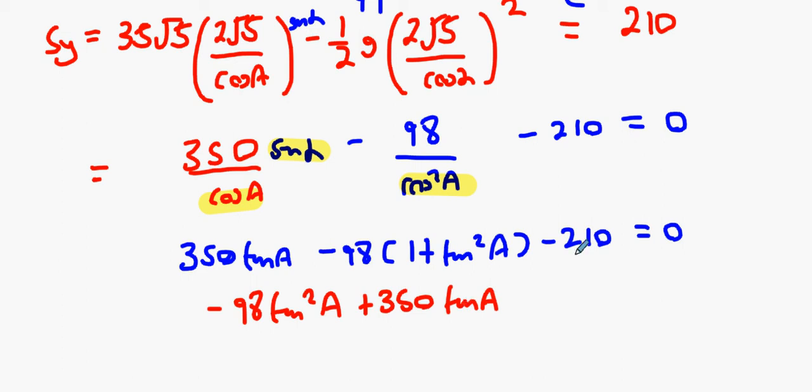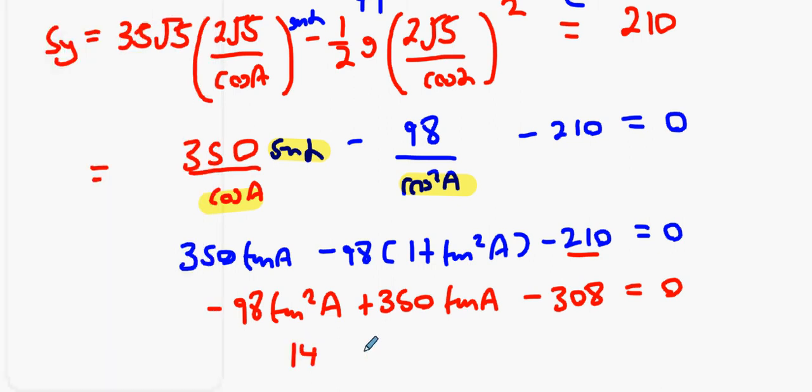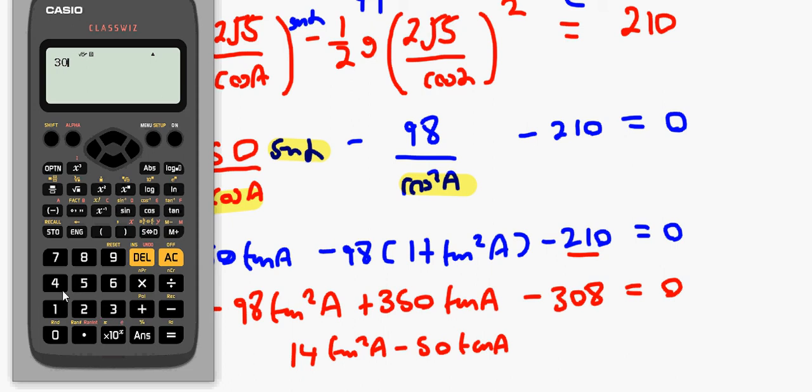What's it? 210 minus 98 is minus 308. I'm going to divide both sides by minus 7 and see if we can break it down any further. Yeah, 14 for this one, minus 50 for this one, and 308 divided by 7 is 44.